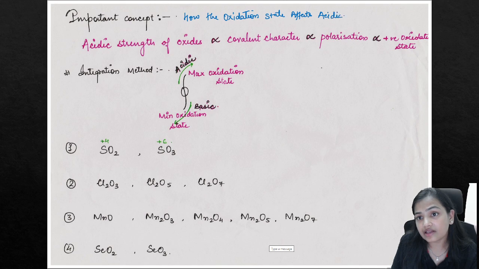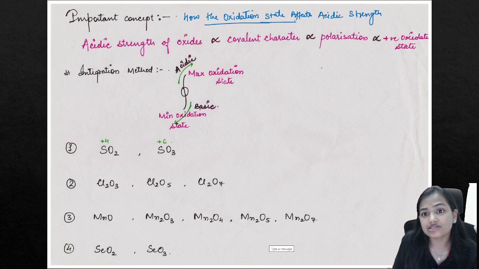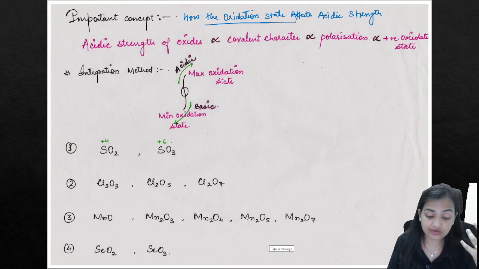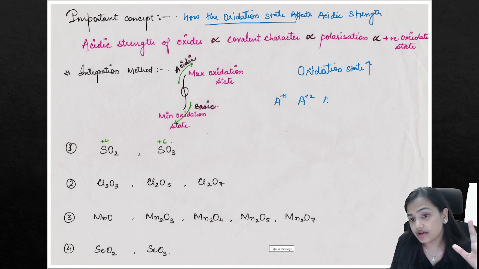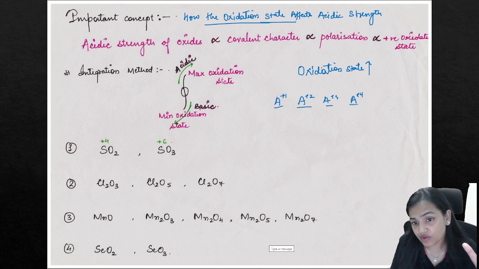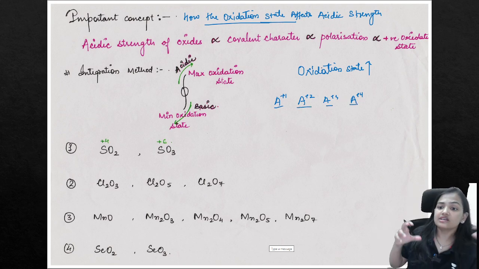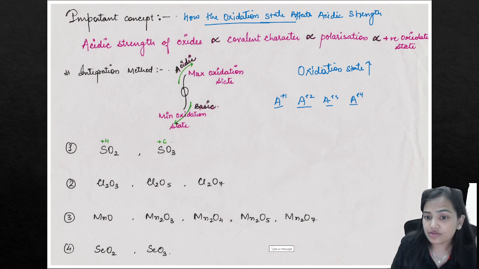That is, if I have an acidic character in a few of the compounds, how does the oxidation state affect it? Basically, as I discussed in my previous lecture on electronegativity and its applications, let me tell you, as the oxidation state increases, let's say this is A plus 1, A plus 2, A plus 3, A plus 4. First of all, this element A has to be the same, so the same element in different oxidation states: plus 1, plus 2, plus 3, plus 4.